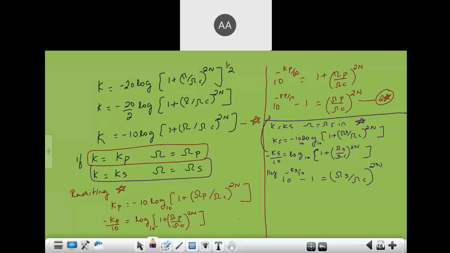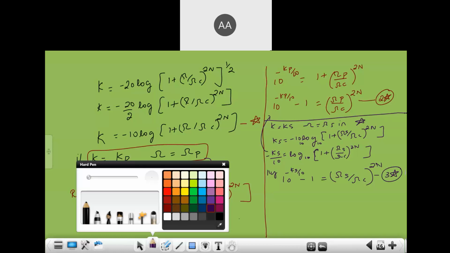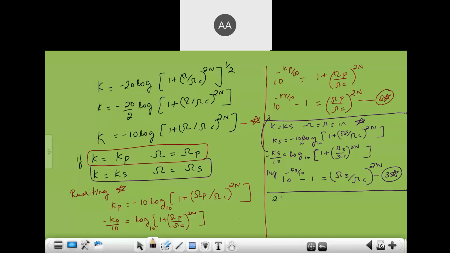Now, what you want is the expression for omega C, and you also want the expression for n. So now I'll name this equation 3 star. Compare the 2 star and 3 star equations.